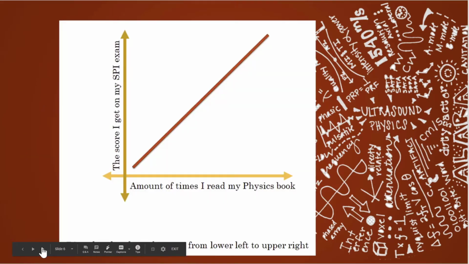So as I was saying, we have graphs for our directly related variables, and they're going to start in the lower left corner and angle their way to the upper right corner.